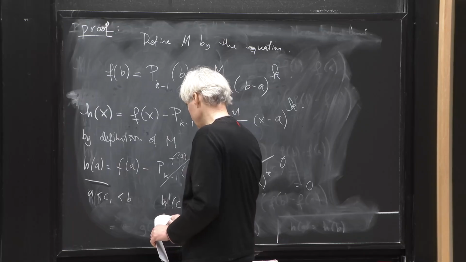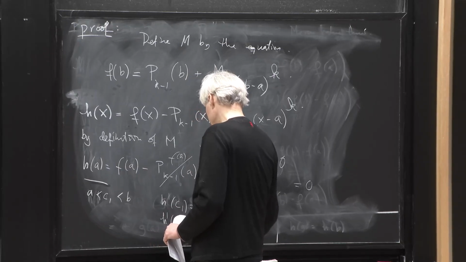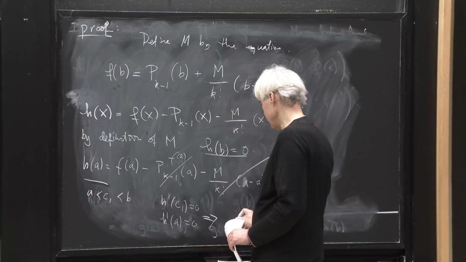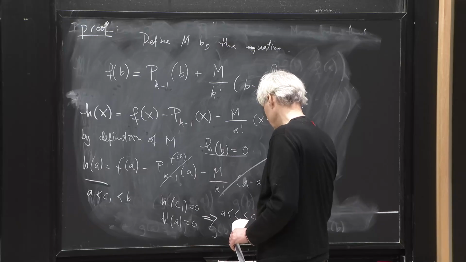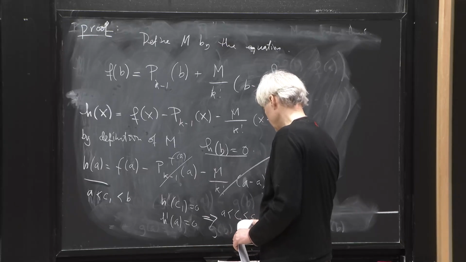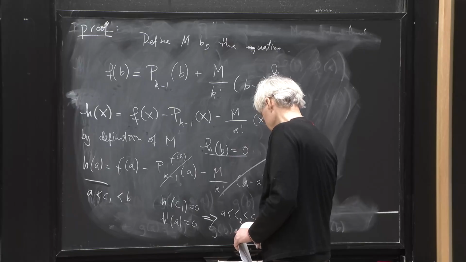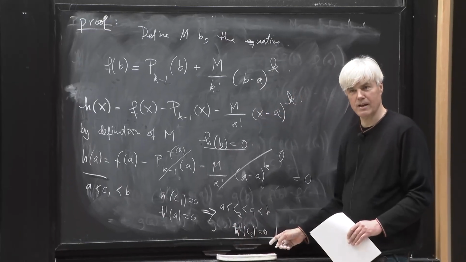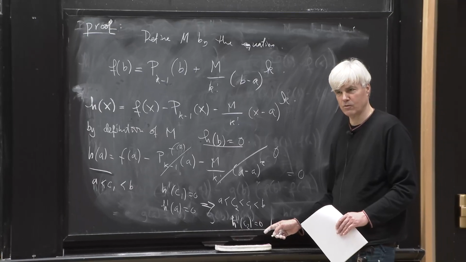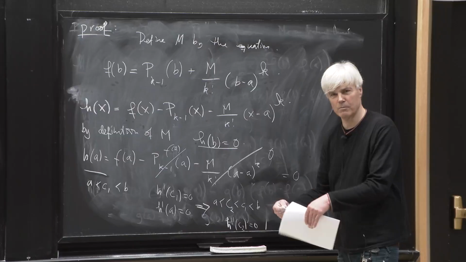Then you observe that the derivative of h at a is 0. This allows you to find a point between a and C1, which is less than b, where the second derivative is 0. Now you use that the second derivative of h at a is also 0, so you apply Rolle's theorem one more time.